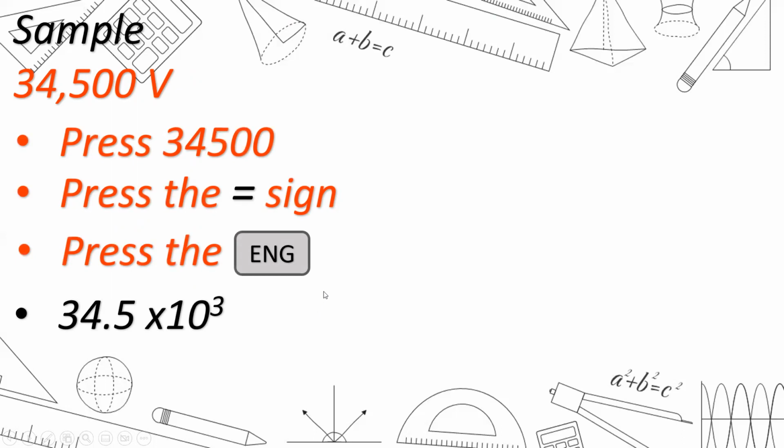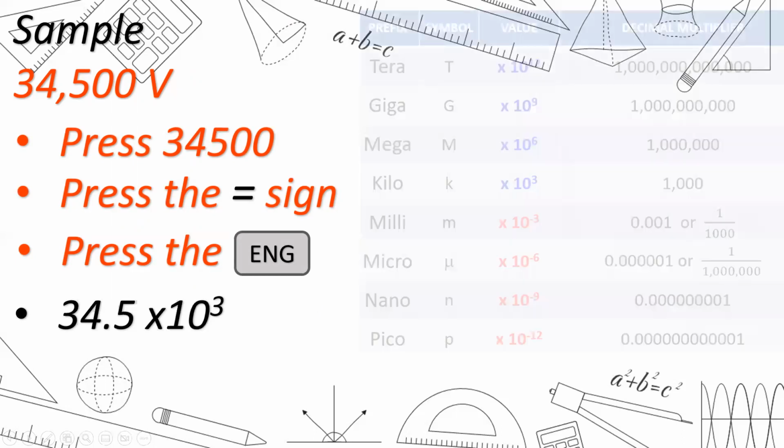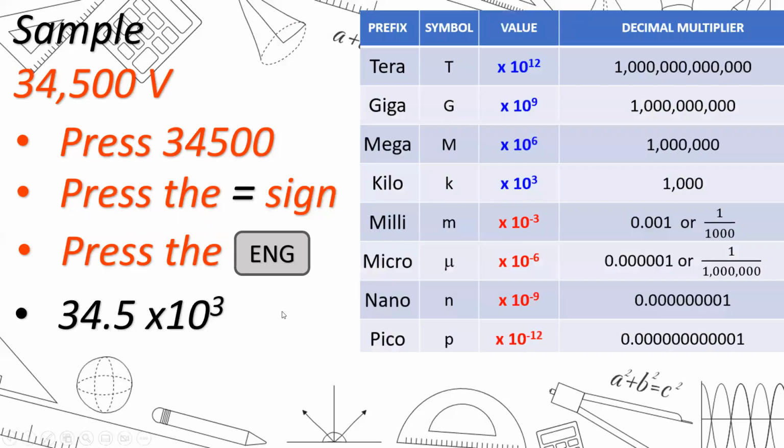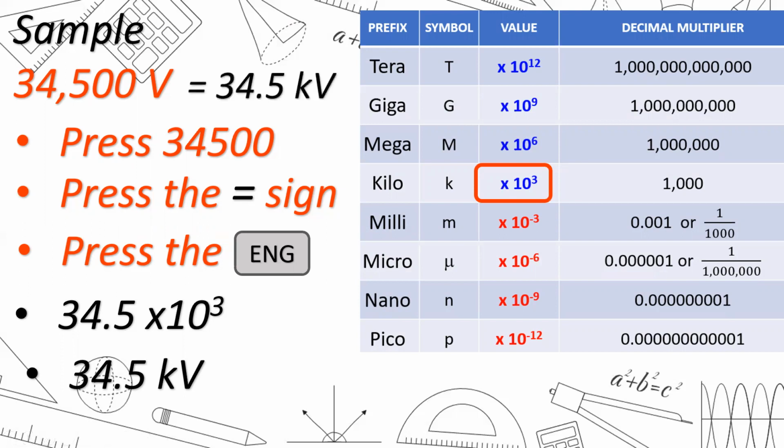So you will locate in our table the times 10 to the positive 3, and we will notice that it is equivalent to kilo. So we can express 34.5 times 10 to the positive 3 simply as 34.5 kV. So if you want to express 34,500 volts in metric prefix form, then that will be equal to 34.5 kV.